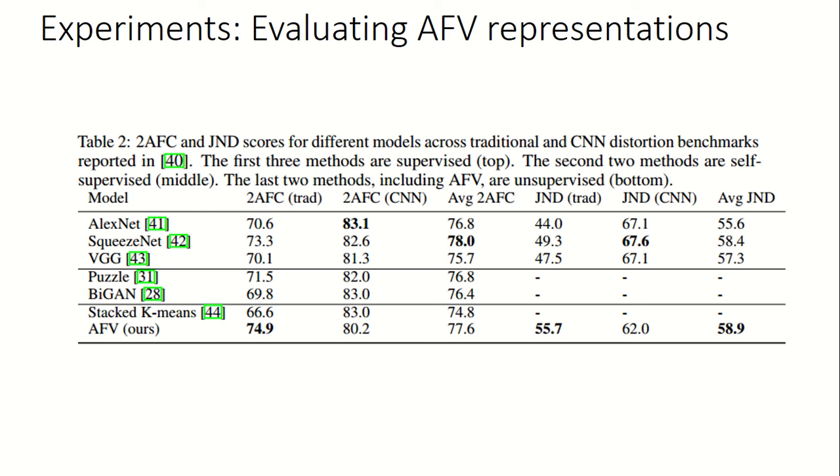So this JND score is a measure of subjective similarity. So it tells us how these different representations can be used for image retrieval tasks. As you can see, again, the adversarial Fisher vector is competitive based on both JND and two-AFC metrics.